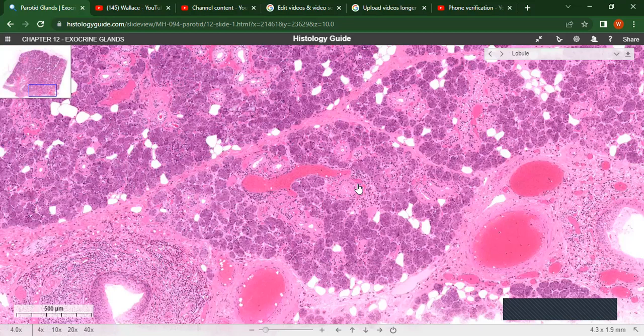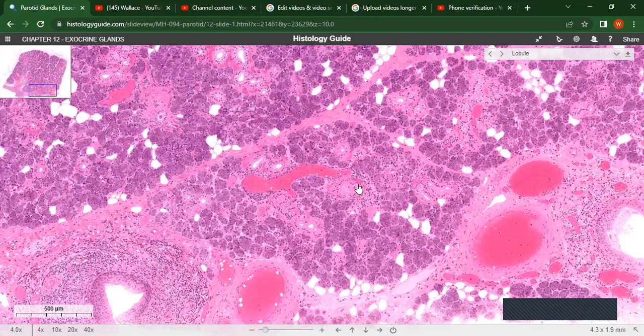The secretory portion of the parotid gland is mainly made up of the serous acini. The parotid gland is one of the major salivary glands alongside the submandibular and the sublingual glands, and the parotid is the serous salivary gland.